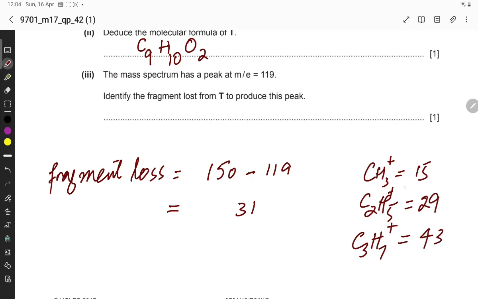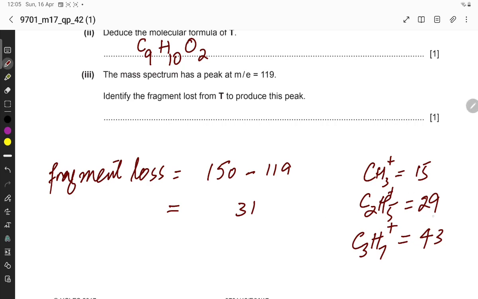So these are the methyl, ethyl and propyl ions. These are the common fragments formed on the mass spectrum.